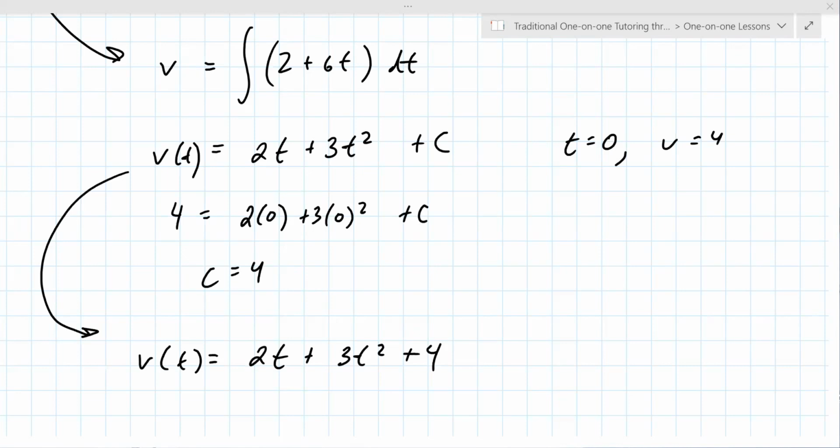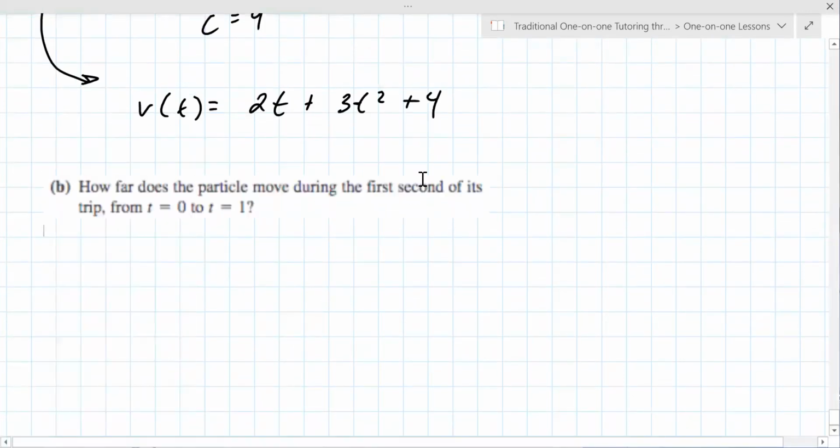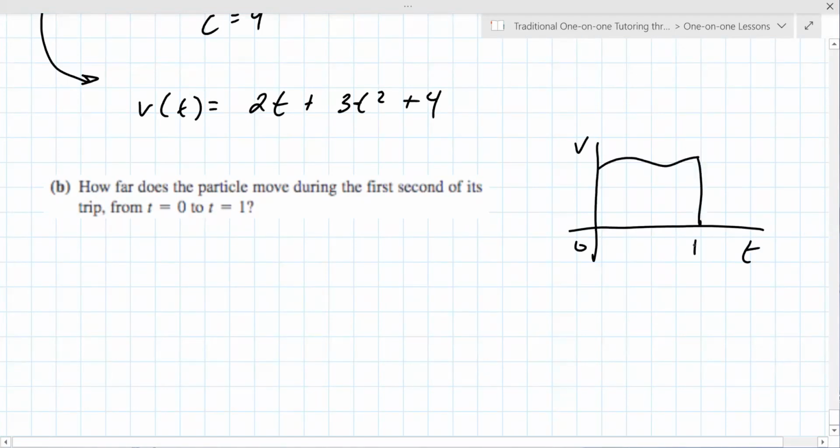Okay, let's do part B. So this is kind of your AP question style question. It says, how far does the particle move during the first second of its trip? If you recall, if you're given the graph of velocity and time, and this is from 0 to 1, the distance is the area under the curve.